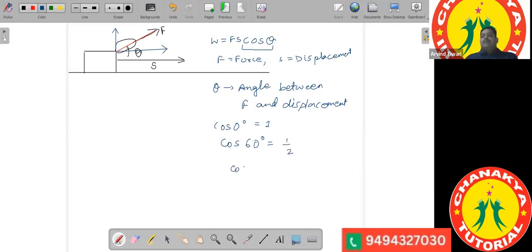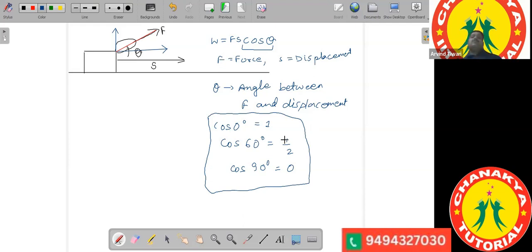Similarly, the value of cos 90 degree is 0. Generally you can remember these three, or they will also be provided in the question paper. Cos of 0 degree is 1, cos of 60 degree is 1 by 2, cos of 90 degree is 0.